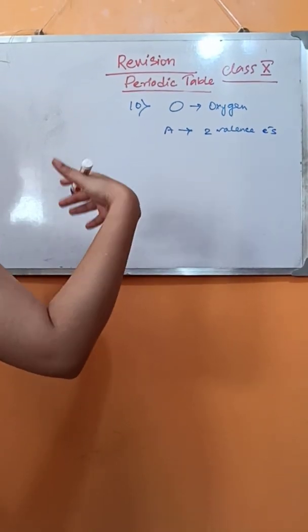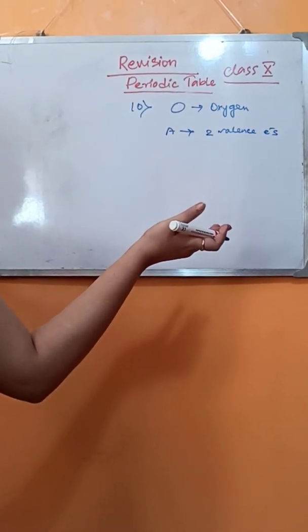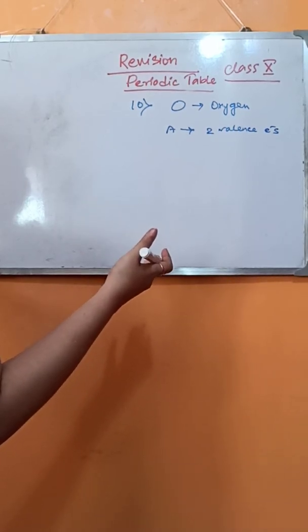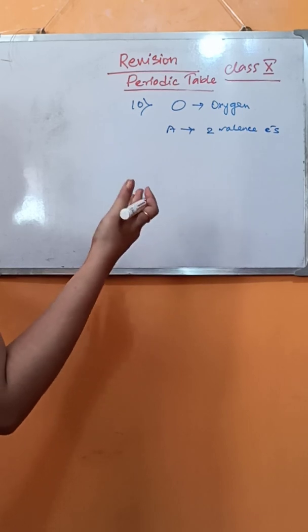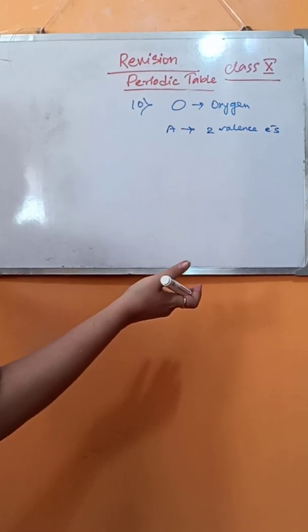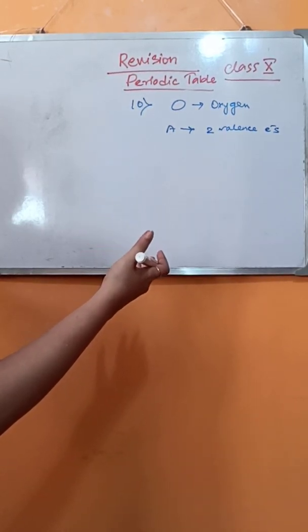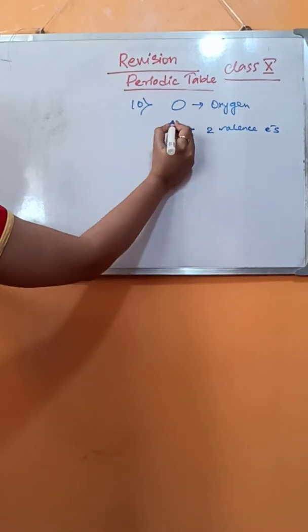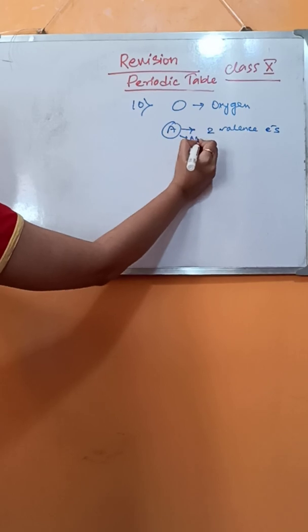It will easily want to lose 2 of its electrons. So if it loses 2 of its electrons, then it will become an electropositive element. And who becomes electropositive element, or who readily loses electrons? Generally a metal. So A is a metal.